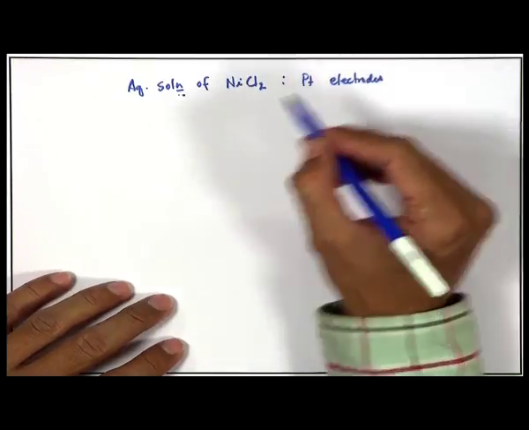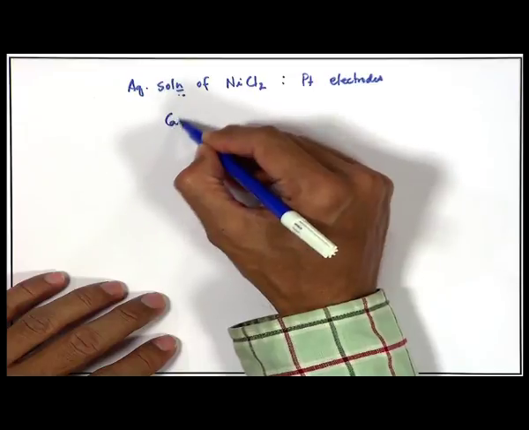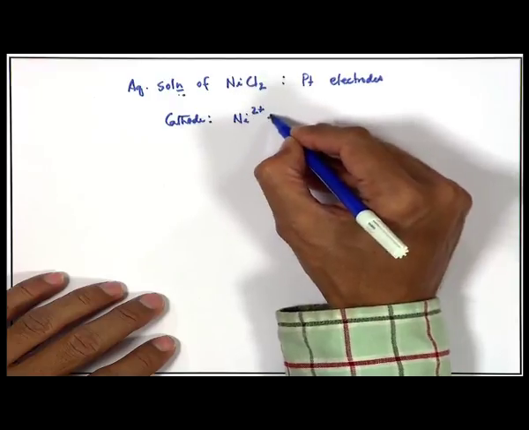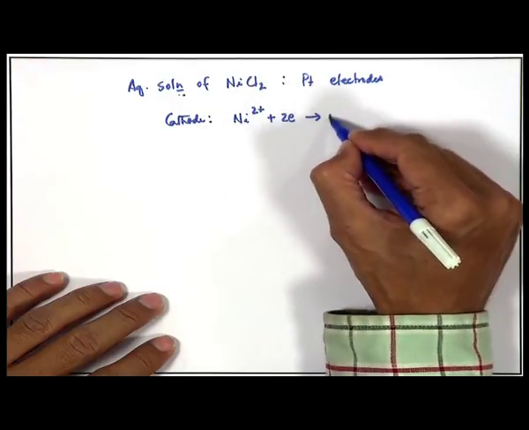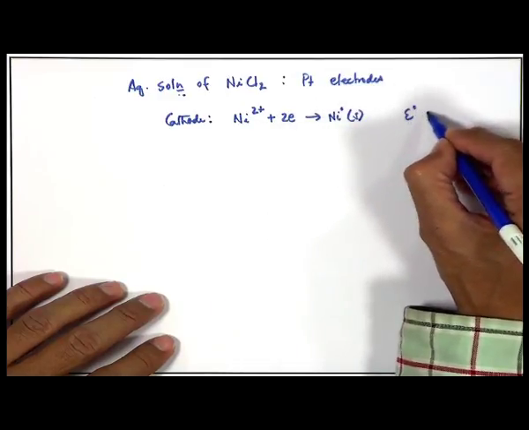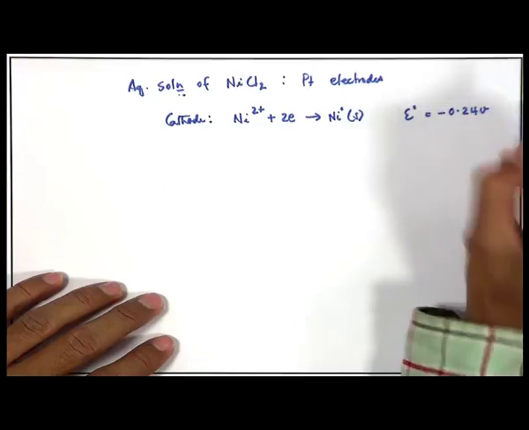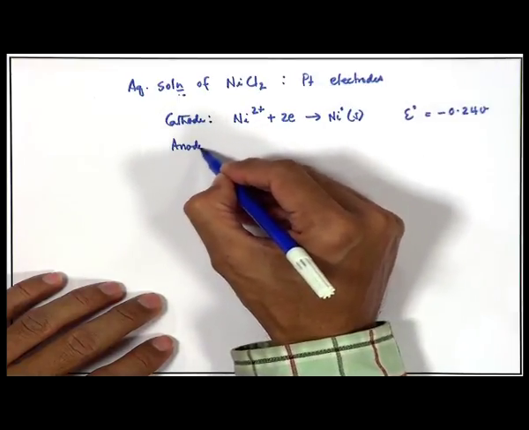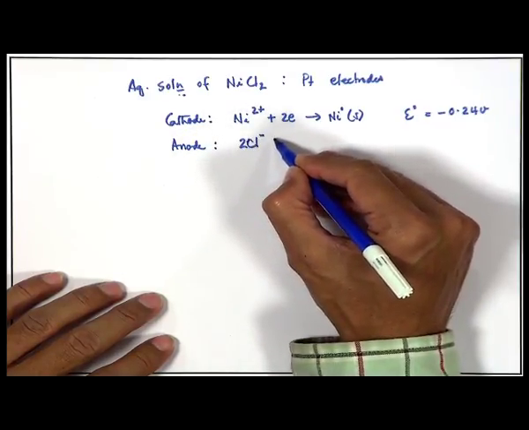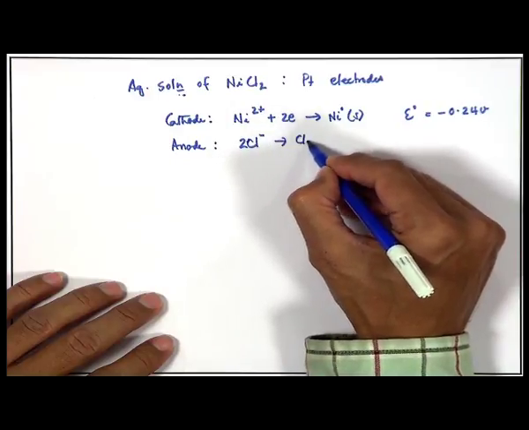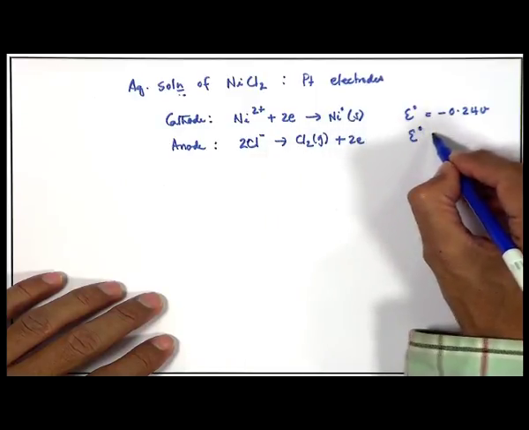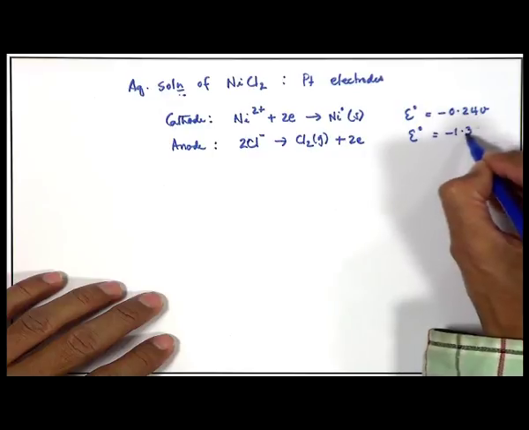If platinum electrodes are used, the cathode reaction is nickel 2 plus plus twice electron, that is reduction, which gives nickel 0 solid, and the corresponding E naught is equal to minus 0.24 volt. The anode reaction is 2 Cl minus gives Cl2 gas plus twice electron, E naught is equal to minus 1.36 volt.